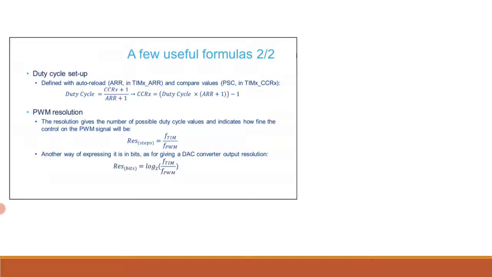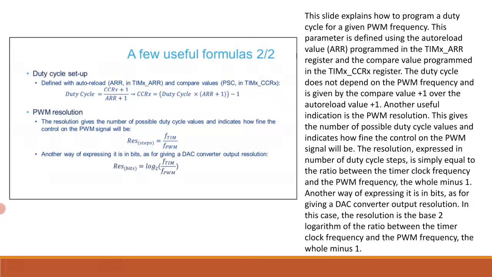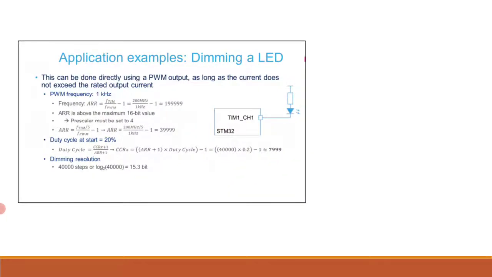Let's see a practical example of PWM usage for dimming a low power LED. This can be done directly using a PWM output as long as the current does not exceed the rated output current, as seen in the figure. The first step is to program the frequency to be set to 1 kHz.